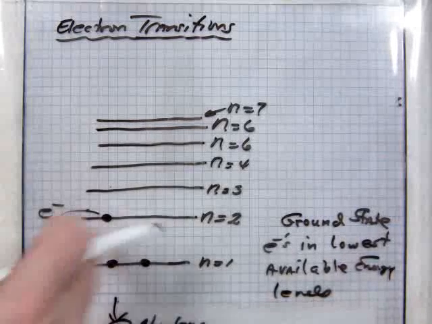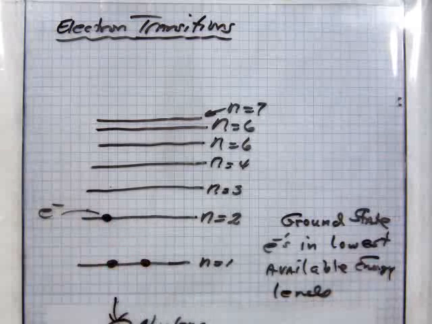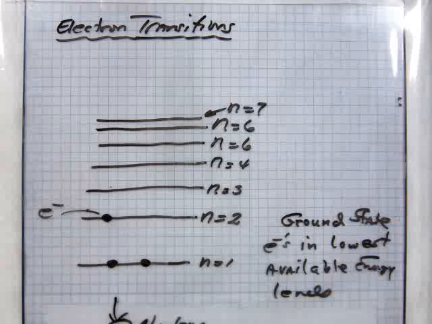So with 2 electrons in the first ring and 1 in the second ring, lithium would be in its ground state.